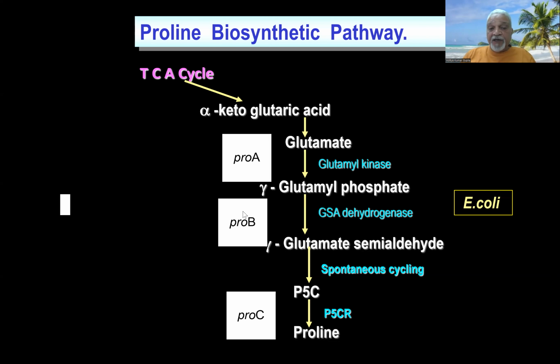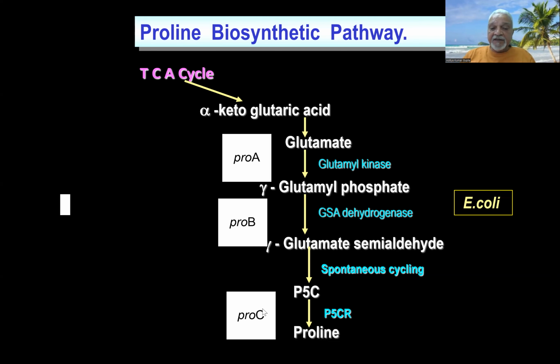And then proB codes for GSA dehydrogenase, which converts gamma-glutamyl phosphate to gamma-glutamate semialdehyde. And then it undergoes a chemical reaction, cyclizes itself to make P5C, pyrroline 5 carboxylate.